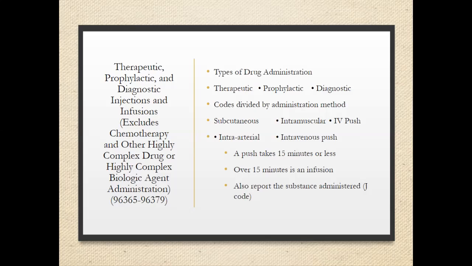The types of drug administration are therapeutic, prophylactic, and diagnostic. Codes are divided based on administration method. It can be subcutaneous, intramuscular, IV push, intra-arterial, and intravenous. A push takes 15 minutes or less. Over 15 minutes is an infusion. Also report the substance administered. It can be found in your J codes of your HCPCS.